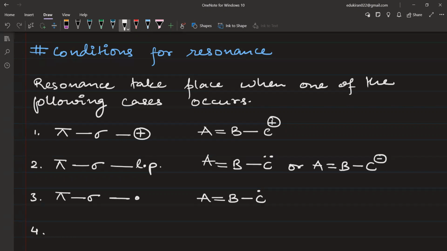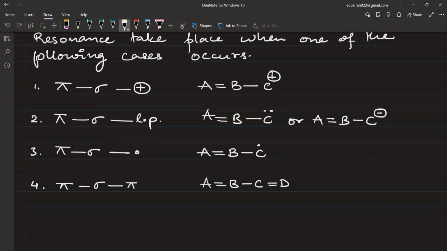Right, the fourth case, if you have pi, sigma, and then again pi. In this case, we have A double bond B, single bond C, and double bond D. Now write the fifth case. If you have a lone pair, then a sigma bond, and then a positive charge.